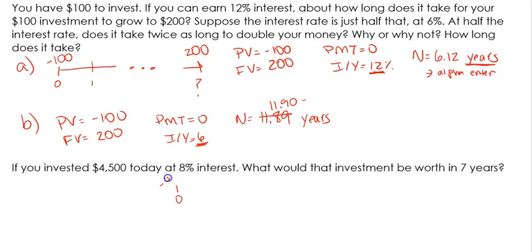So that is money that we won't have access to for 7 years. So draw our timeline here. In 7 years, what would that $4,500 be worth if we can earn 8%?